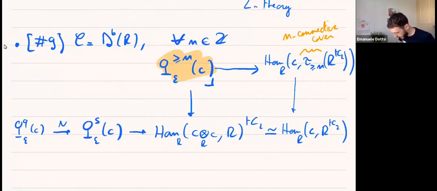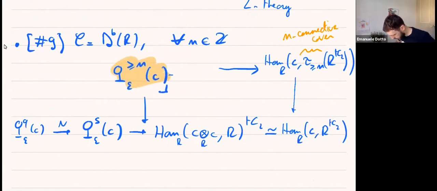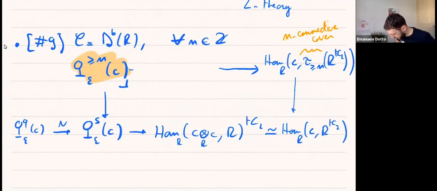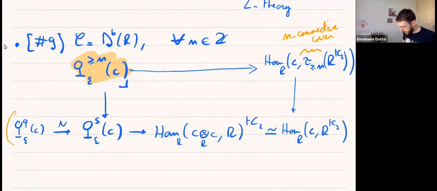Now I can sort of forget the norm map for a second. So I define this as the pullback of this. Okay, and now why is this a reasonable thing to do?